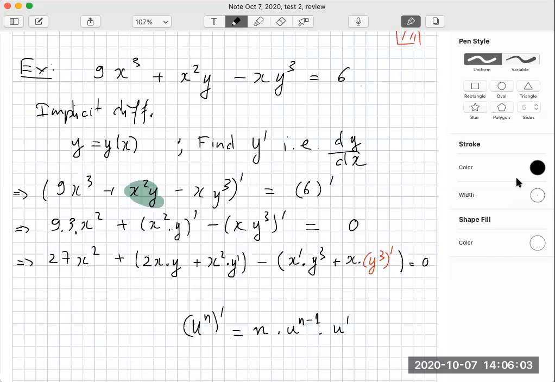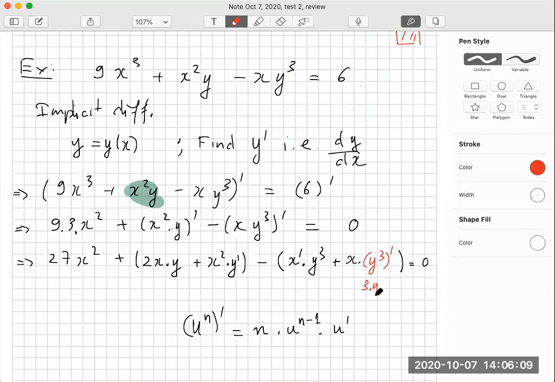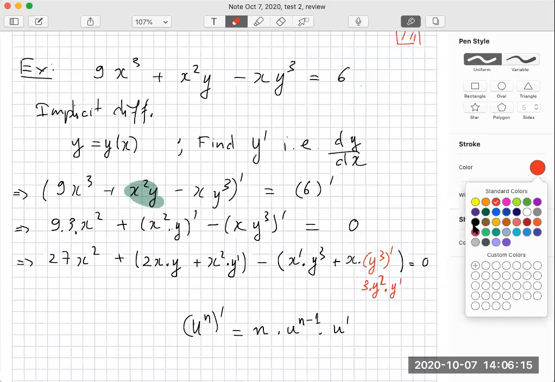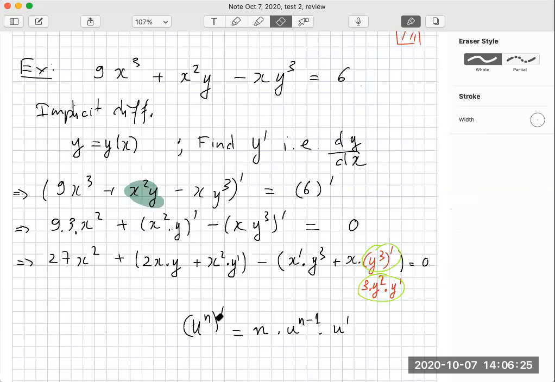Very good. Therefore, this becomes 3y squared times y prime, right? These two are the same. Okay, I get it now. Thank you. Very good. So just do it slowly.